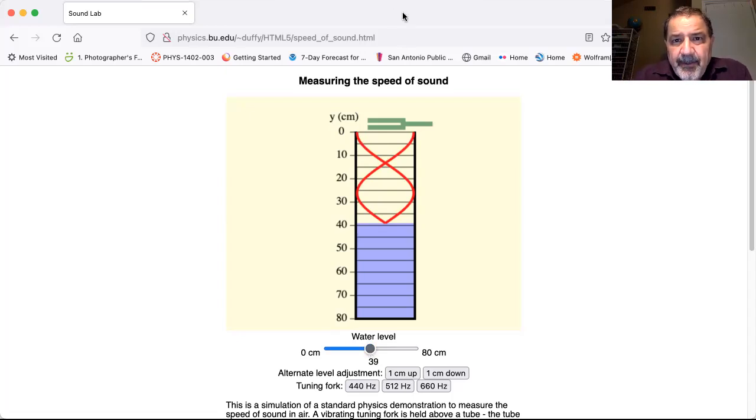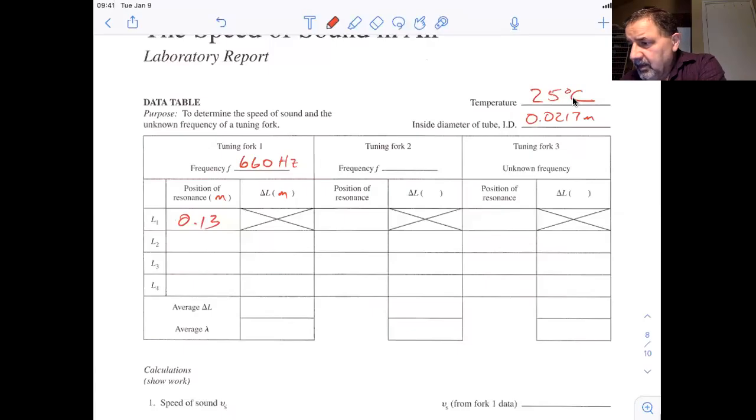So let's fill that in. 0.39. Now, the delta L, at this point we can see if we just take 39, subtract 13, we'll get 26 centimeters, 0.26 meters.